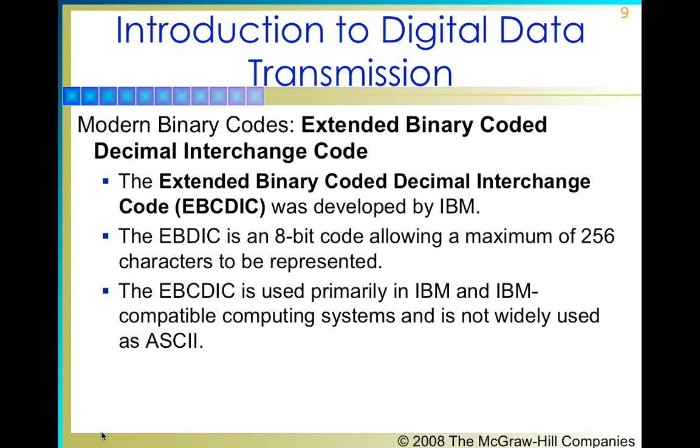Then we have another category of modern binary codes, which is the Extended Binary Coded Decimal Interchange Code, and these were developed by IBM, a computer manufacturing company, and their systems use these kinds of codes, which are an 8-bit representation of about 256 characters. They are not quite as popular as ASCII characters, but they are primarily used for IBM based computing systems.